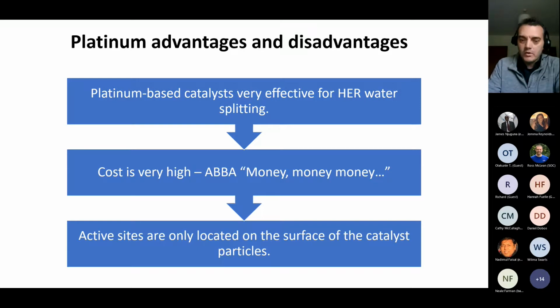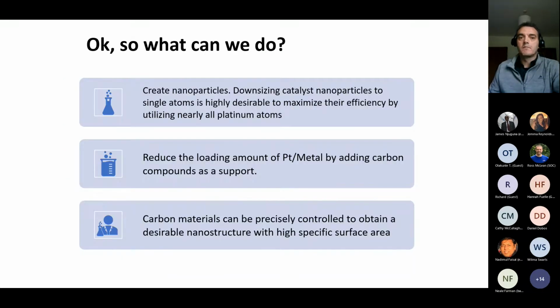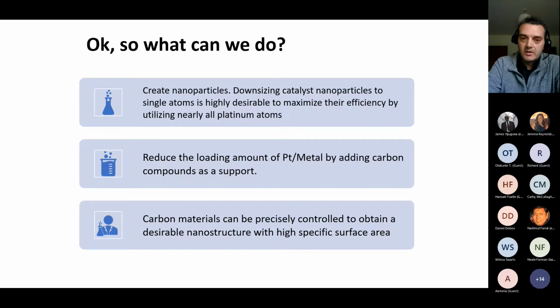So what can we do to increase that? To increase that, we can create nanoparticles. This is something quite interesting that we have developed as a society in the 21st century, nanoparticles, and it's an advantage we have over the 19th century fuel cells.